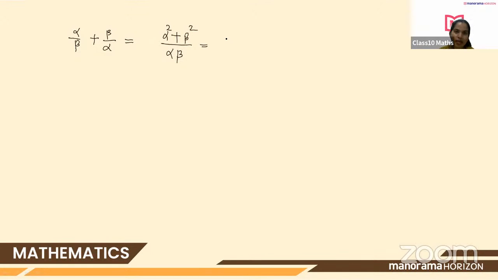So we can expand it like alpha square plus beta square is equal to alpha plus beta the whole square minus 2 alpha beta, divided by alpha beta.